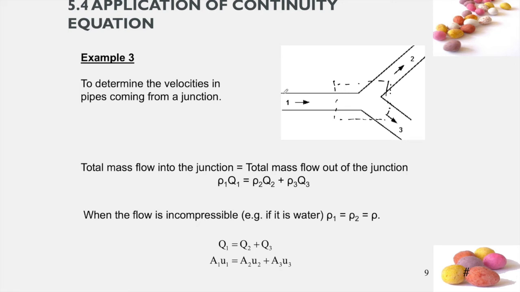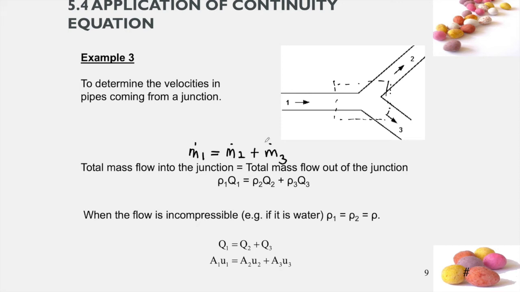So here we have mass flow rate at 1 equal to mass flow rate at 2 plus mass flow rate at 3.